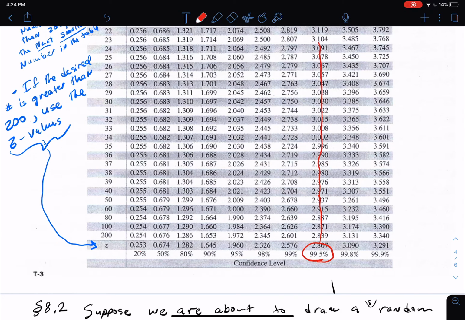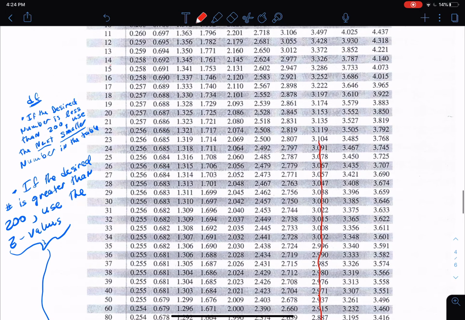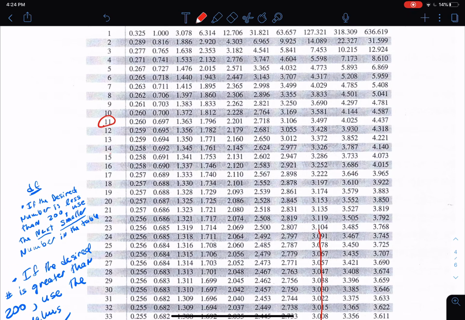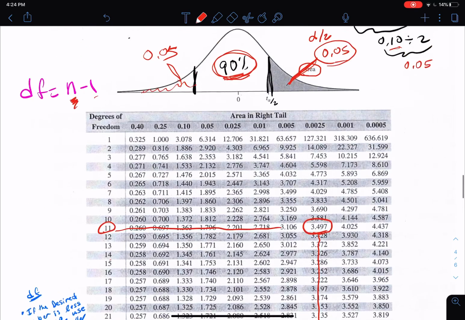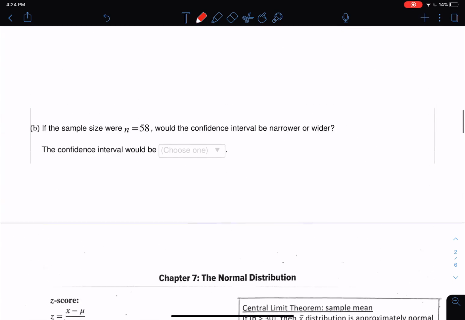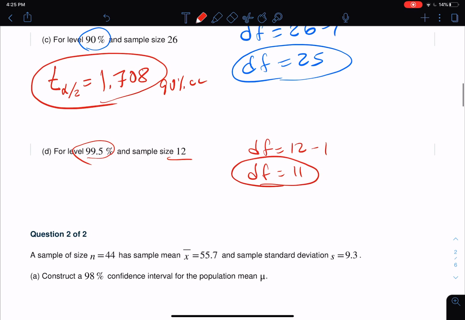There's 11 degrees of freedom. And there's our critical value, which is 3.497. That was for a 99.5% confidence level.